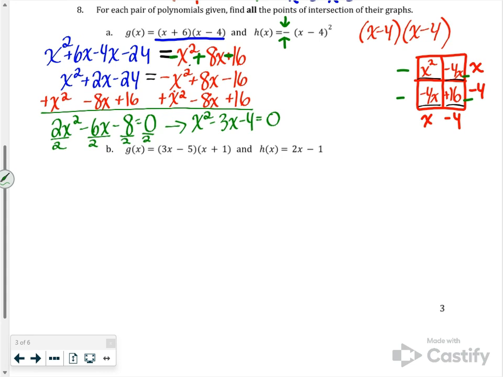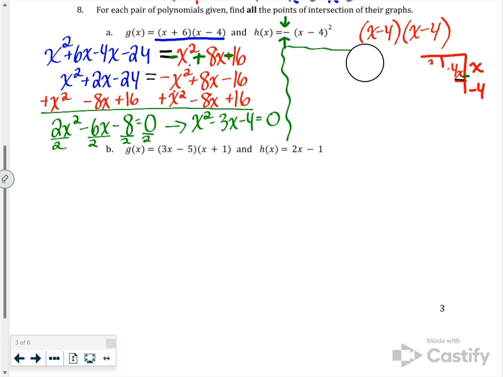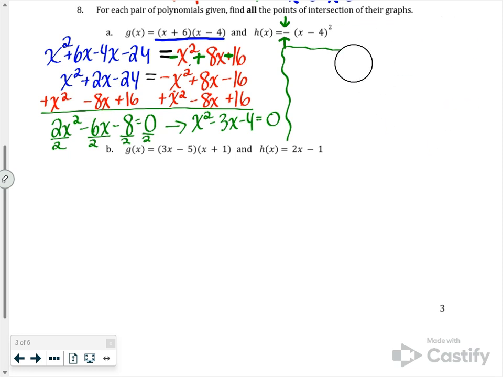So let's do that over here. I'm going to clean up my space a little bit. And we know that x squared minus 3x minus 4 needs 2 factors.